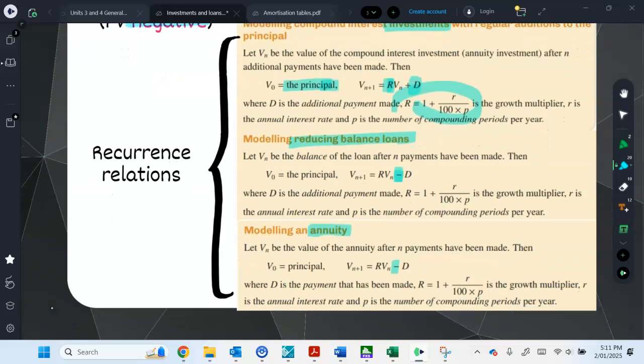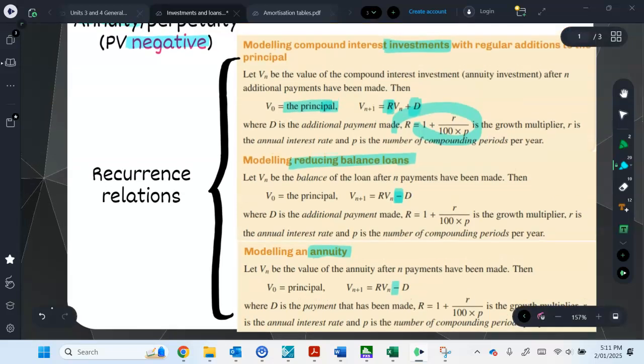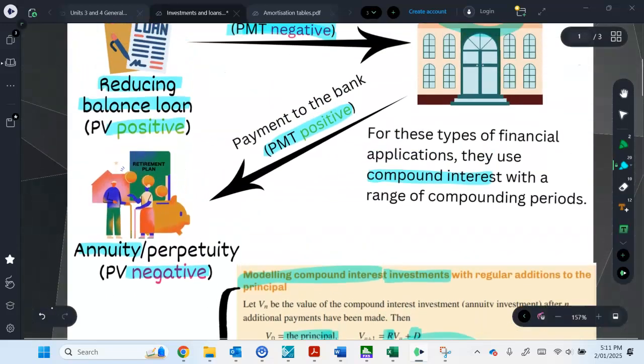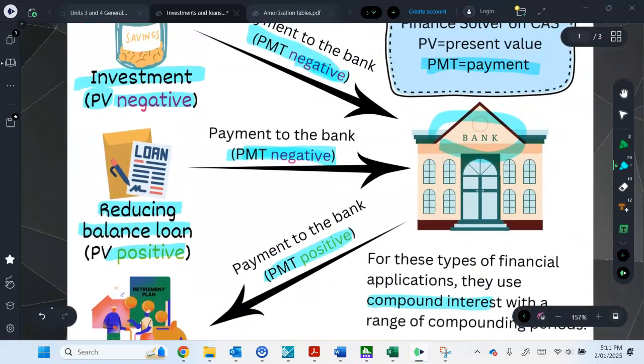So those are the three different types of recurrence relations. Make sure you take note of these headings. Don't just see this page and choose one of the recurrence relations; make sure it's the right one, and that you get the negative and positive signs correct on your calculator too.